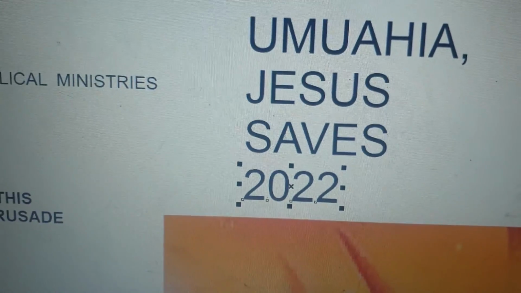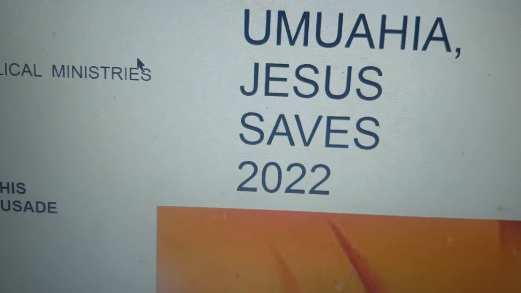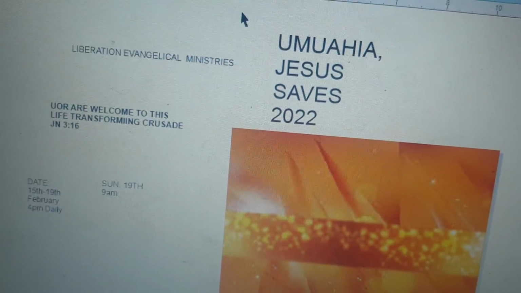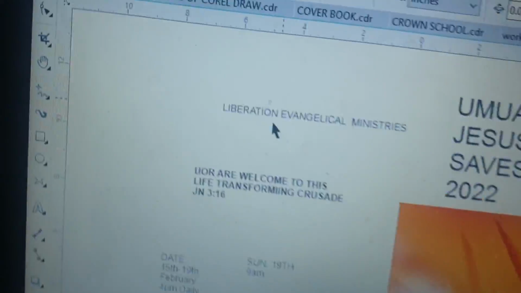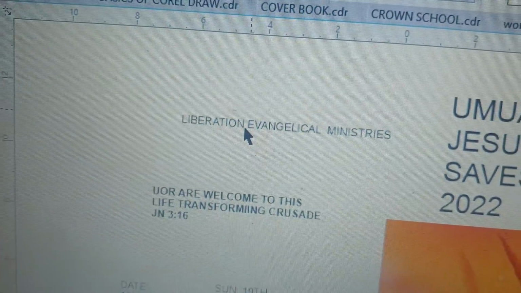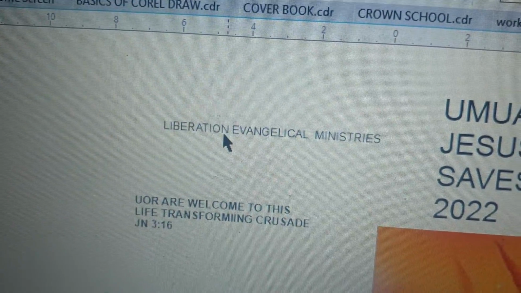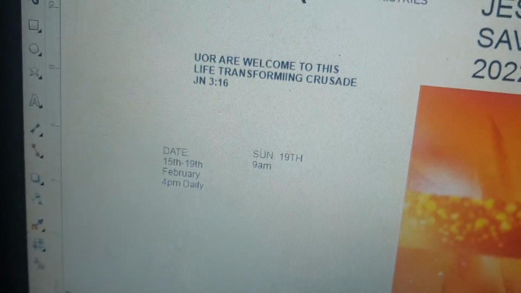Whenever such a case appears in your design, or a client gives you something like this to design, the head is the name of the church you are working for, Liberation Evangelical Ministry.